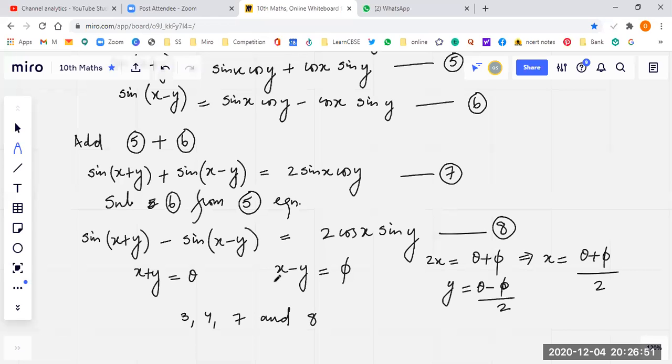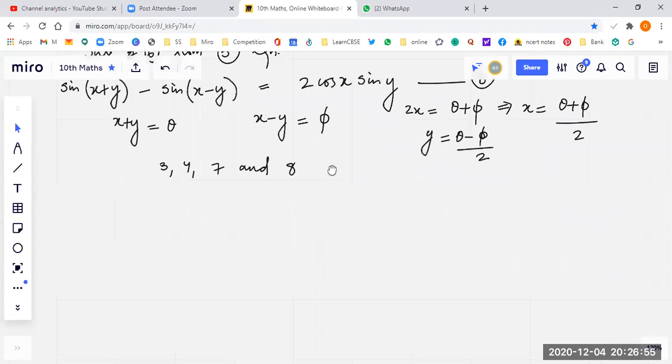Now substitute these values of x and y in equations 3, 4, 7, and 8. What do you get?